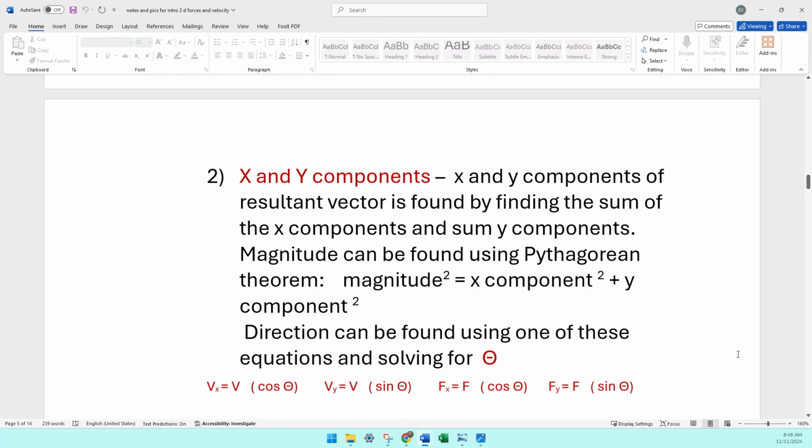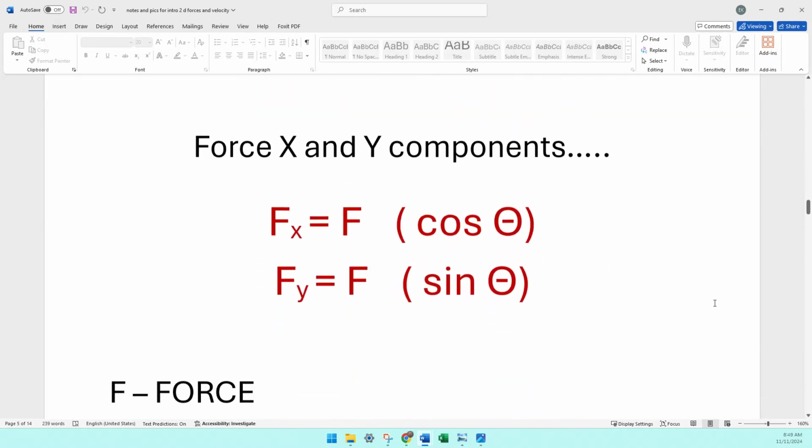You can write down this. I wouldn't freak out too much about these equations. I've got them listed below in a better format. But with the x and y component, I'll show you the examples in a second, you're basically using the sum of the x and sum of the y and then essentially solving for the resultant. So here are these equations that you had there.